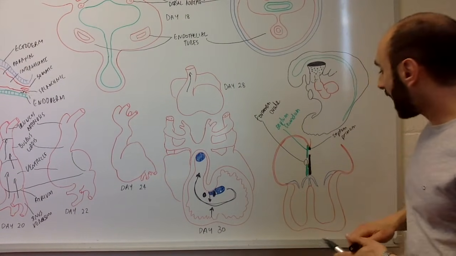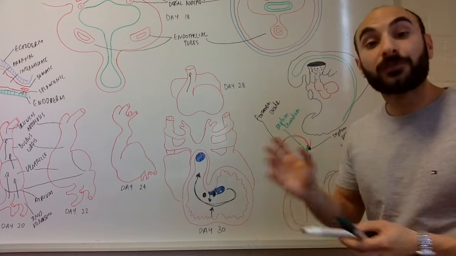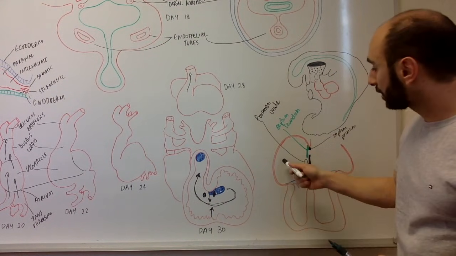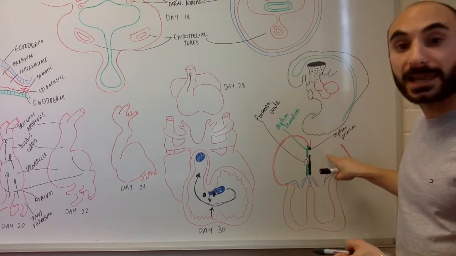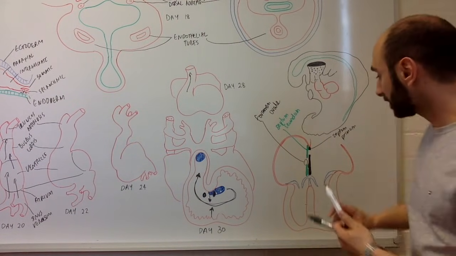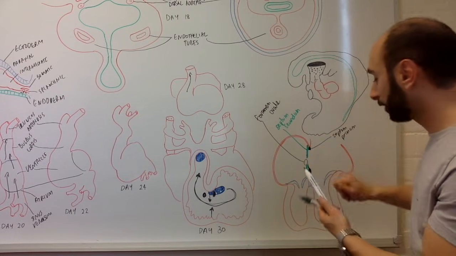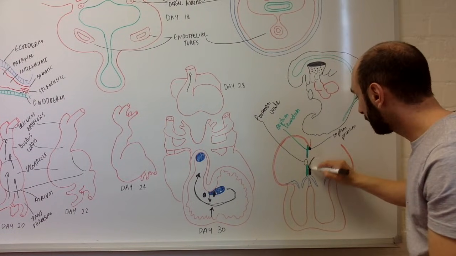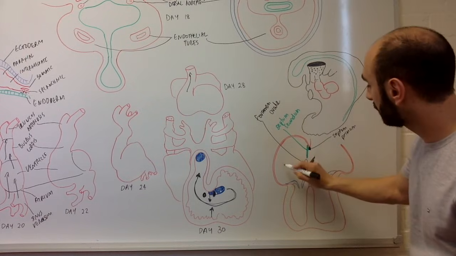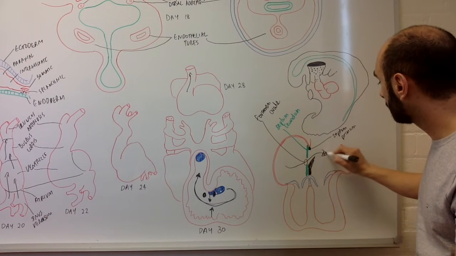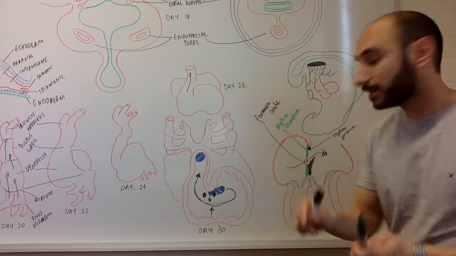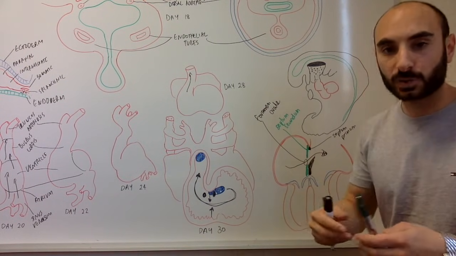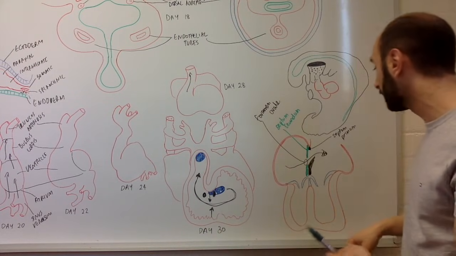So what happens is, before birth, the pressure in the right atrium is much higher than the pressure in the left atrium. So what that causes is blood flow to be pushed from here into here. So this septum primum can act like a valve, and the purpose of that is to bypass the pulmonary circulation.